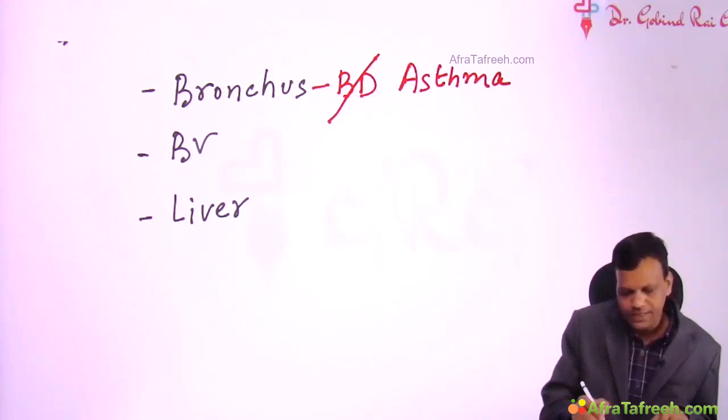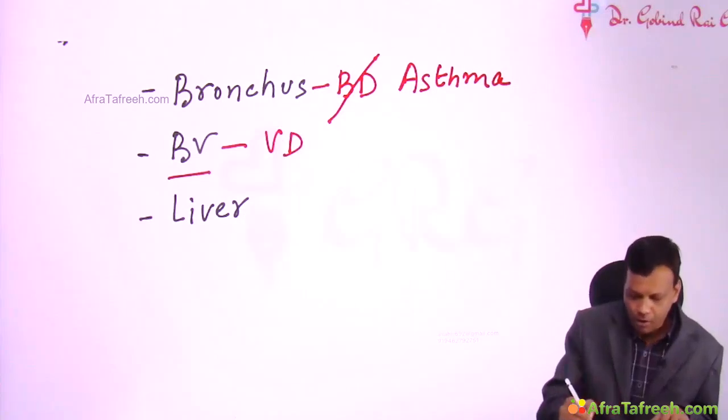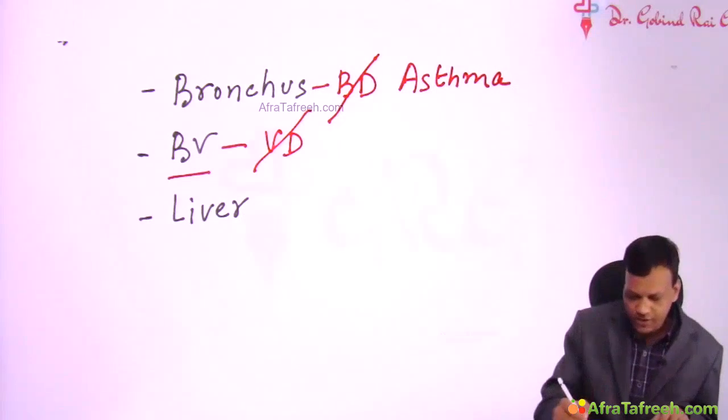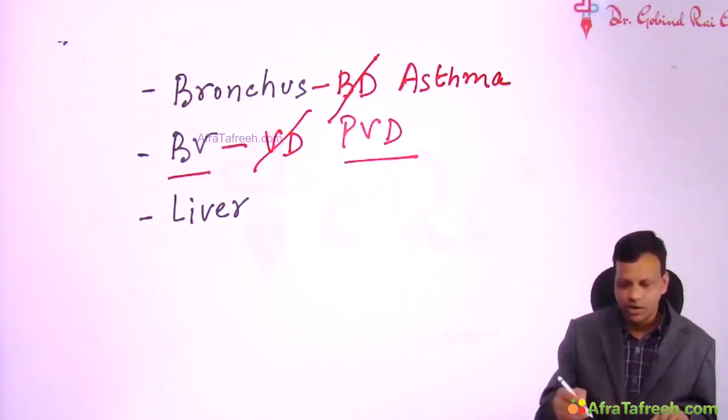Second, beta 2 in the blood vessels causes vasodilation. Beta blockers will cause vasoconstriction, and vasoconstriction will worsen the condition of patients with peripheral vascular disease like Raynaud disease. They already have a vasoconstrictive property, and if we block beta 2, more vasoconstriction will occur.